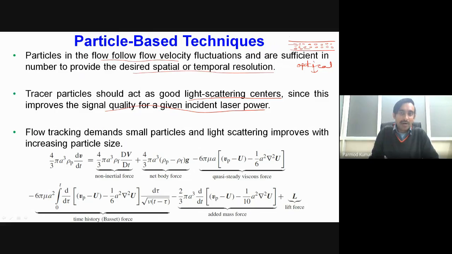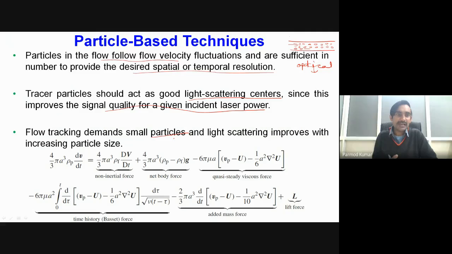Okay, now, flow tracking demands small particles. Why? Because we want the particles to be of buoyant nature, so the density of the particles should match the density of the fluid, and at the same time, our particles should not affect or disturb the flow field.